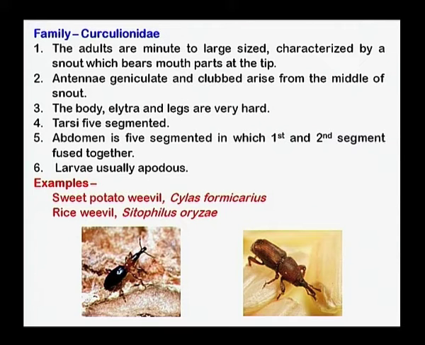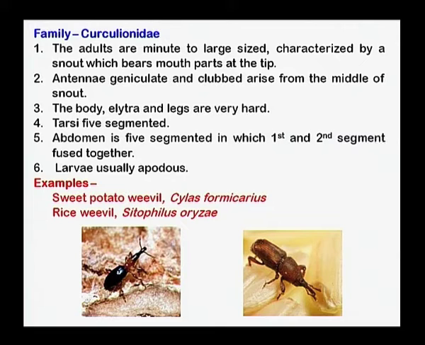Curculionidae is another important family. The adults are minute to large size, characterized by a snout which bears mouth parts at the tip. Snout is a beak-like structure, and this is a characteristic feature of this family. Antennae are geniculate type and clubbed. The body, elytra and legs are very hard.